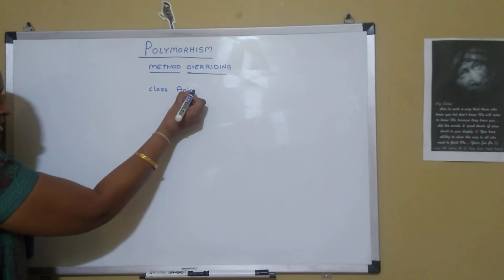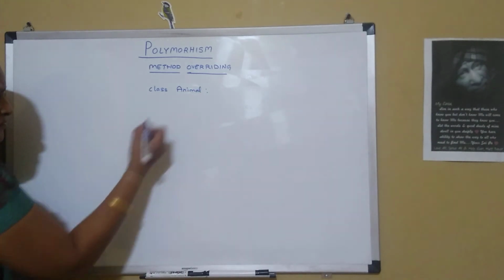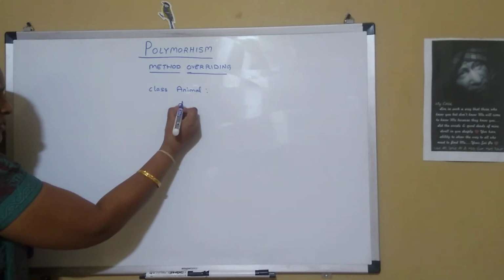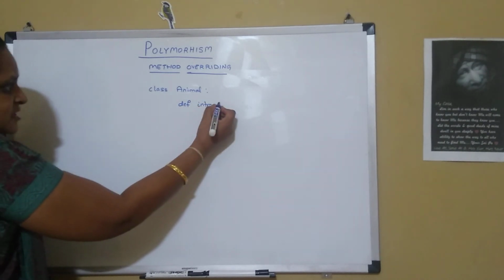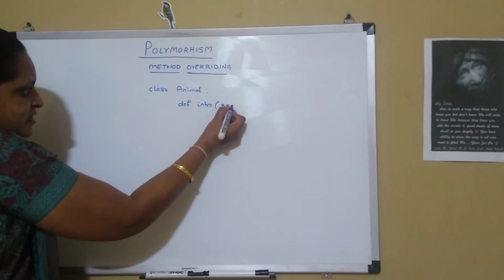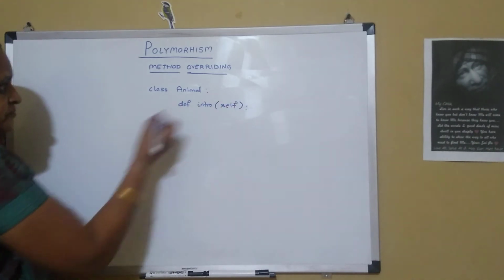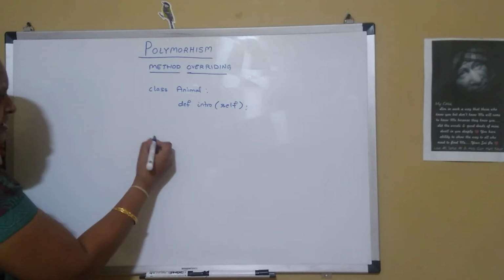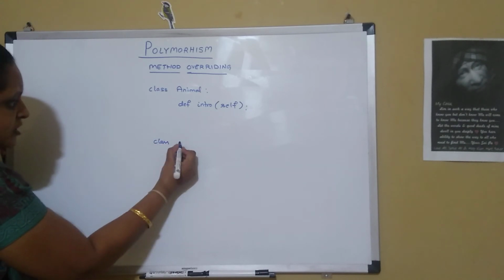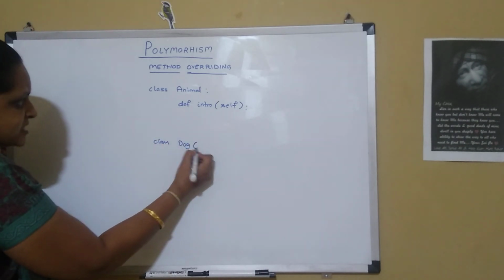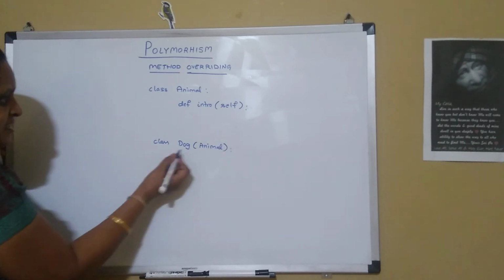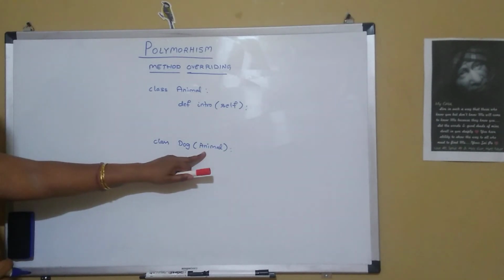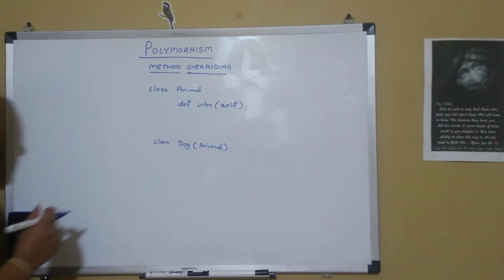Class Animal is a base class, and it is having one function called intro, with self as the parameter. And let me inherit my class Dog from the base class Animal. Dog is a derived class which is inheriting the Animal class.